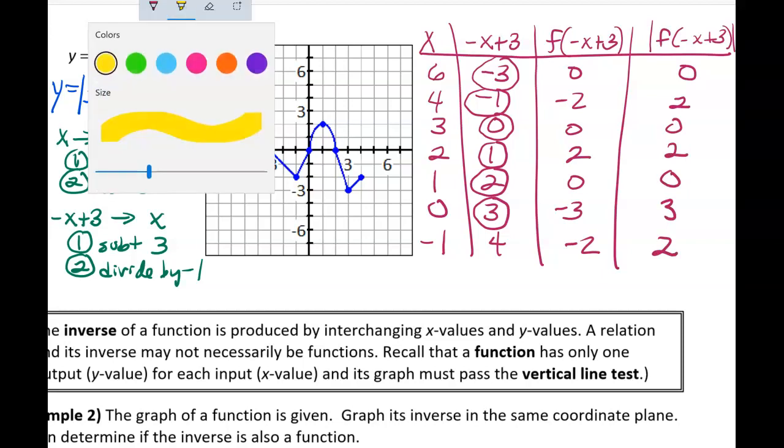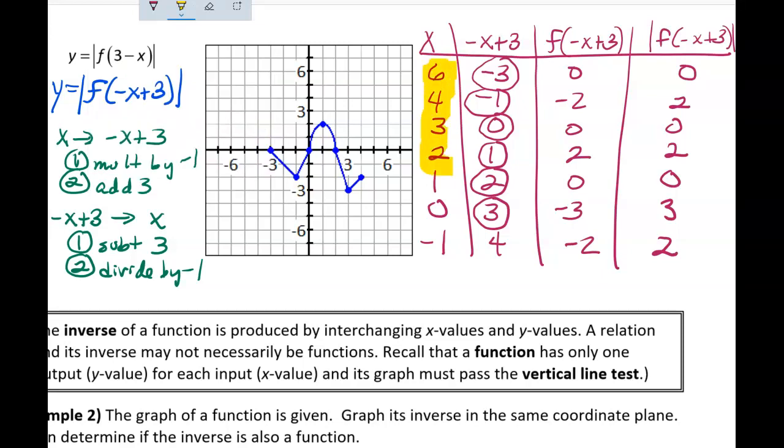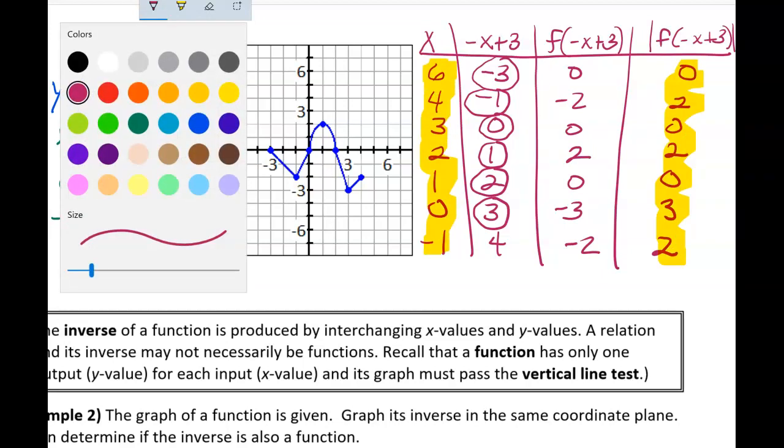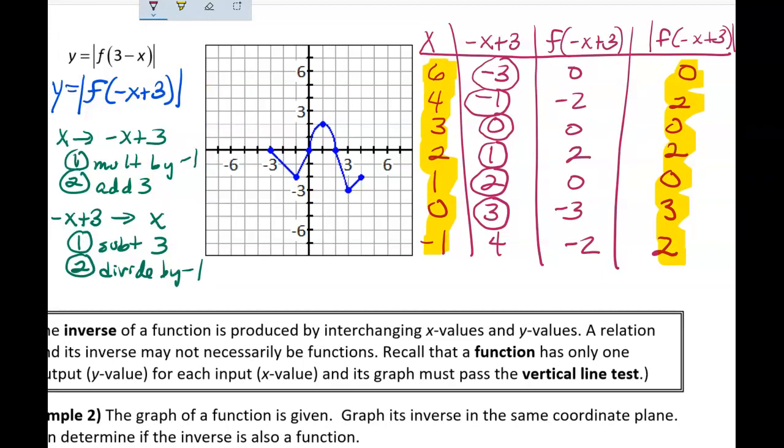First and last columns are our x and y pairs for the transformed function. So we have 6, comma 0, 4, comma 2, and 3, comma 0.